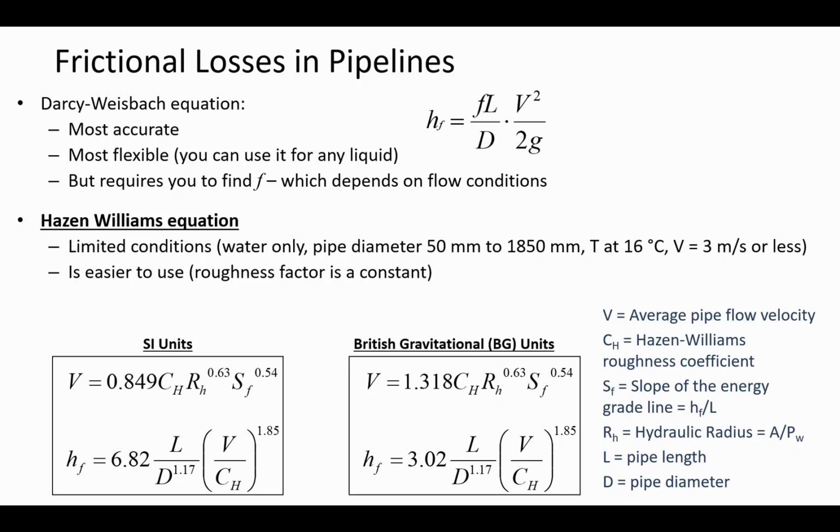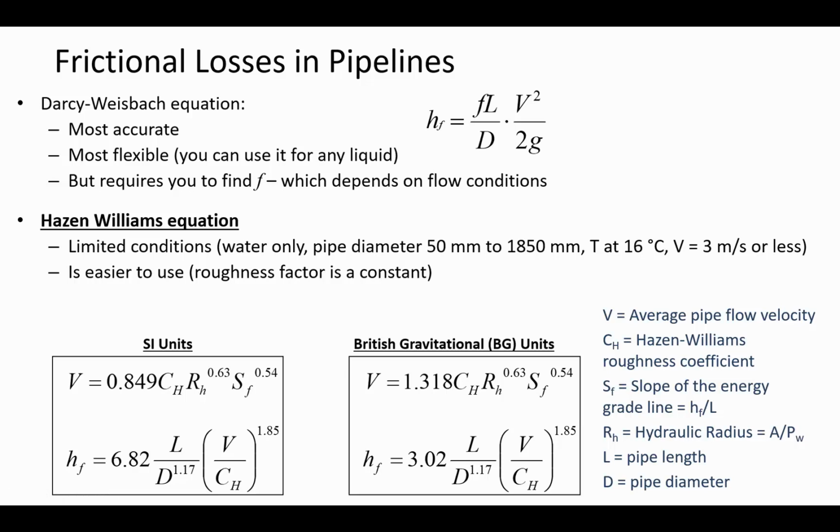The formulation of the Hazen-Williams equation is different if you're working in SI versus the traditional British gravitational units. And so you can see both on the screen there. And so the SI equation is different from the BG equation, but really these two formulas are the same thing. It's just we're rearranging for a different variable.